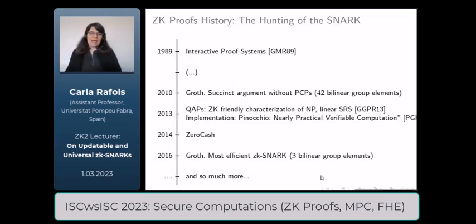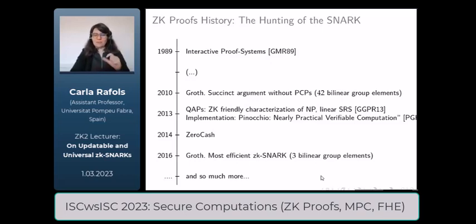And then in 2013, we had this very interesting breakthrough, this paper by Gennaro, Gentry, Parno, and Raykova, if I'm not mistaken, where they really reduce these large proofs to a very, very short piece.